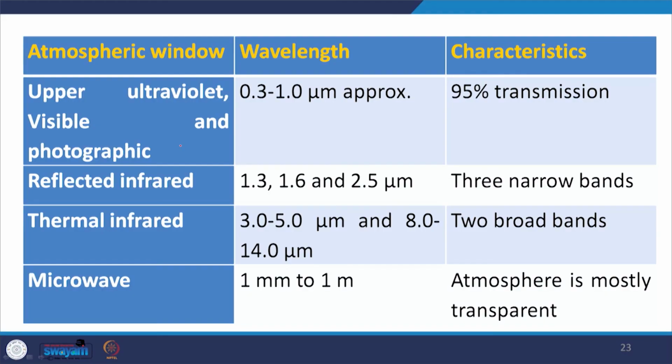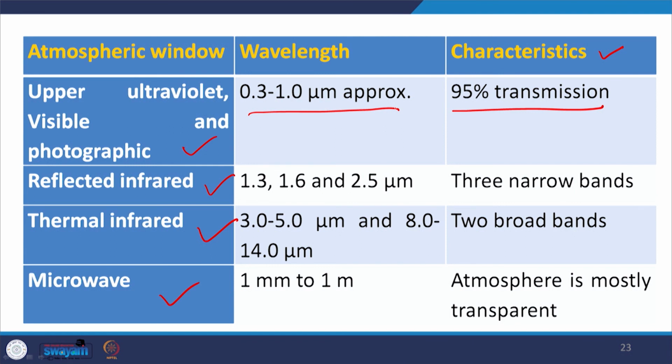This particular table shows ultraviolet, visible and photographic, then reflected infrared, thermal infrared and microwave regions. These are the approximate regions where the transmission is given; the characteristic 95% transmission is there for the 0.3 to 1 micrometer wavelength region.